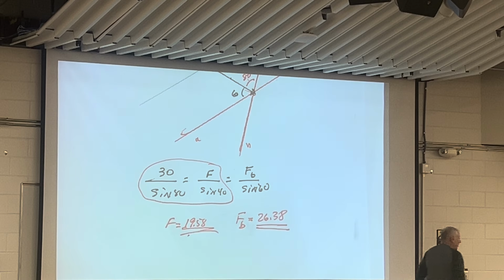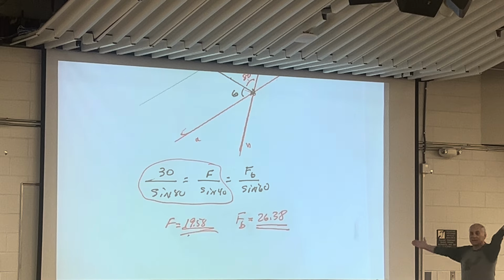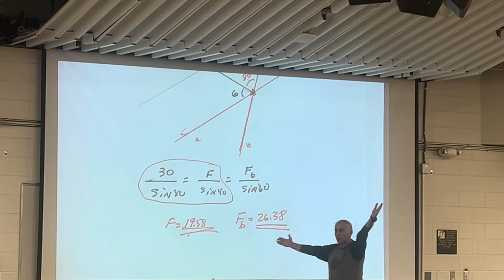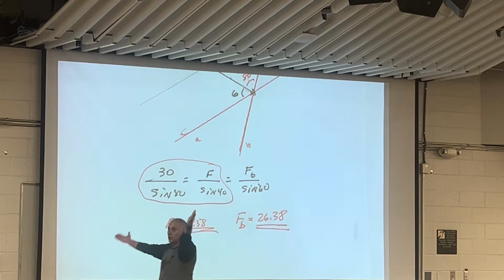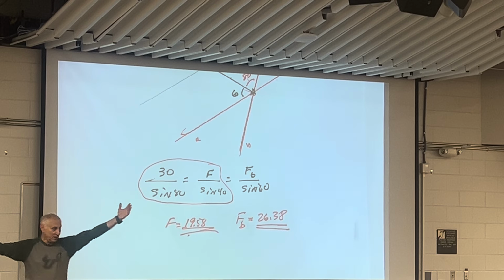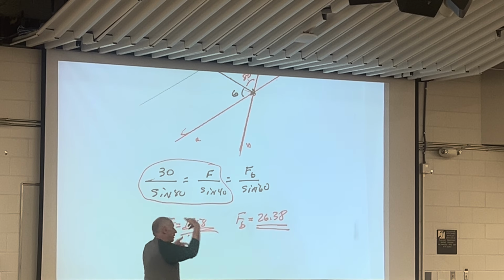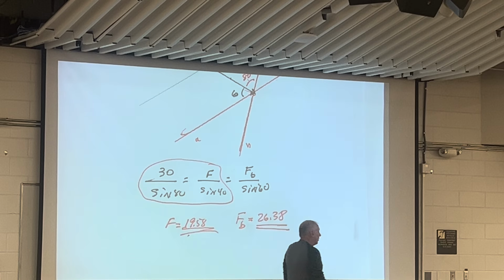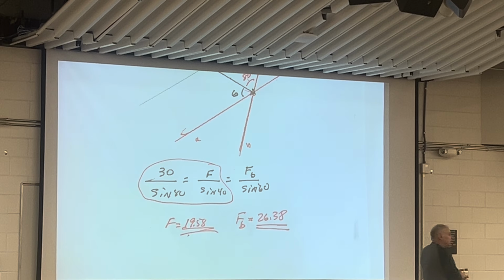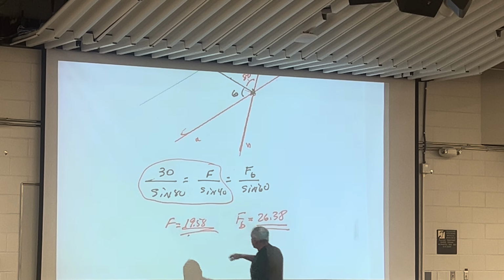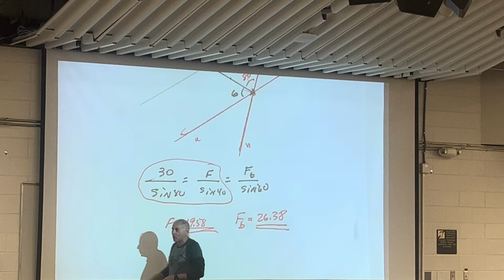I did a resolution problem in the prior copy where you knew the lines of action. The U and the V were the lines of action, and you were to break it down along the U and V axis. Here, you don't know the force, but you know one of the components, and that one component was along the AA axis, and it was 30. So now you can find the force itself and the other component.